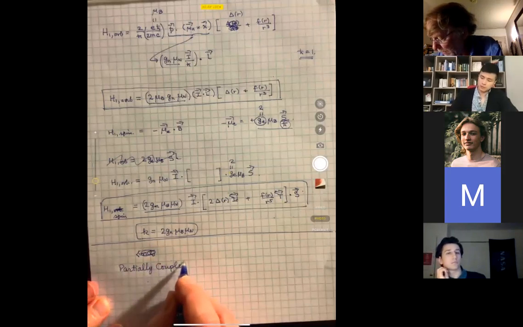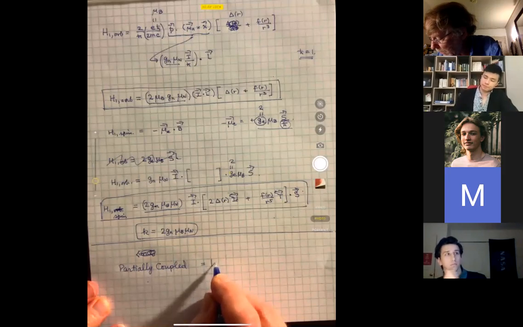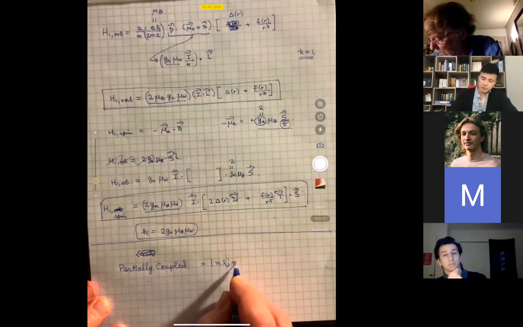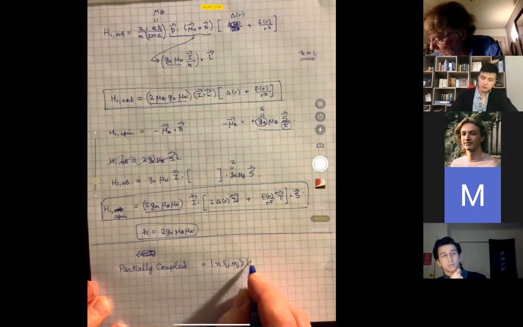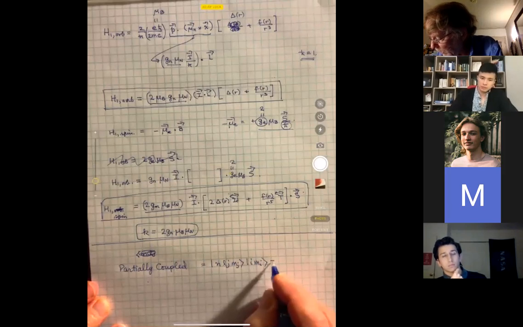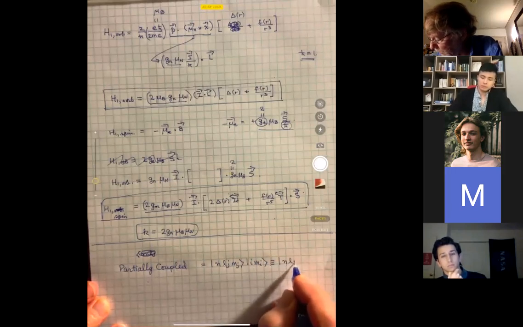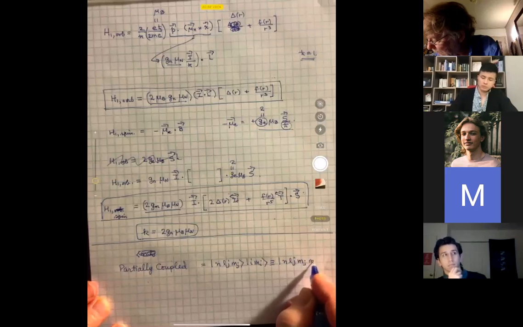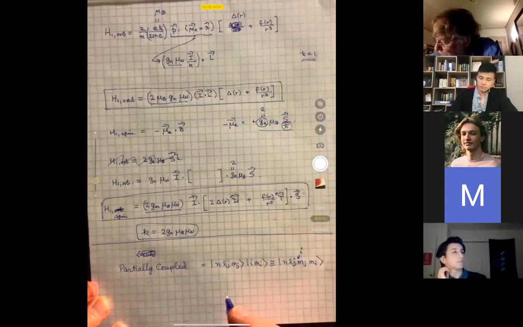The partially coupled basis is equal to N, L, J, MJ times I, MI. And I'll abbreviate that as N, L, J, MJ, M sub I. Or I can even put the I in here if you want. The I is a constant, but I can put it in MI like so.